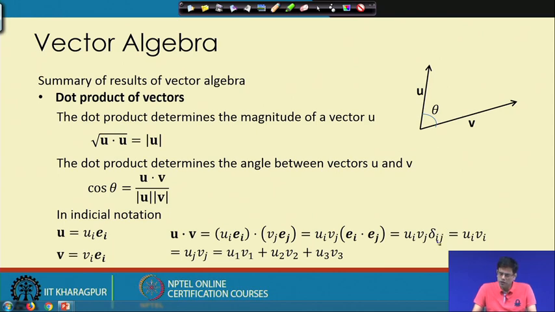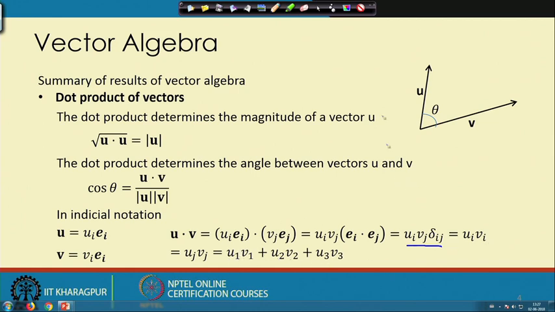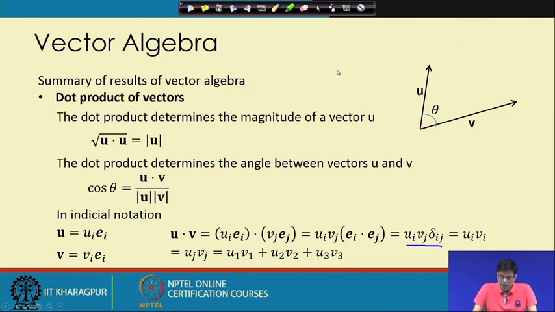If i not equals j, then this quantity will be 0. So I can simply write this as ui vi or uj vj when i and j are the same. If we expand it, it is u1 v1 plus u2 v2 plus u3 v3. This becomes easy to write with the indicial notation.